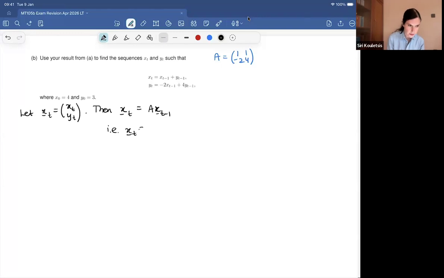And now we're going to use the diagonalized form of A that we found.